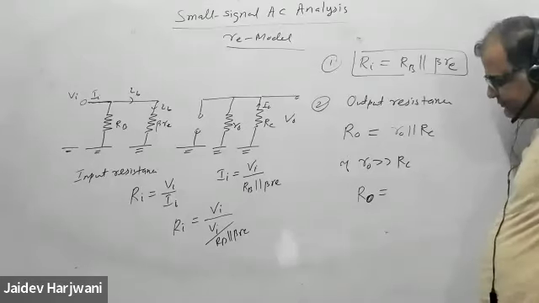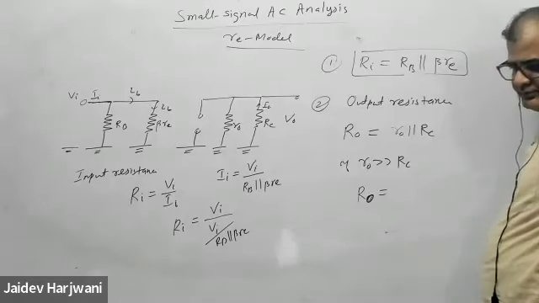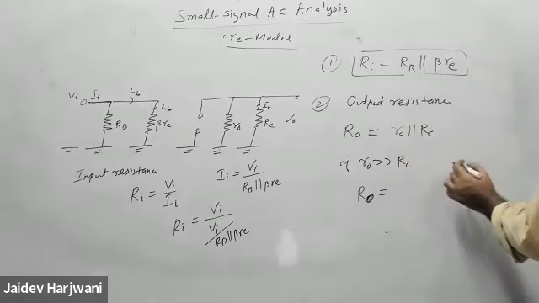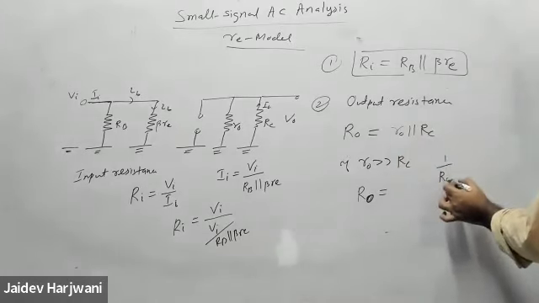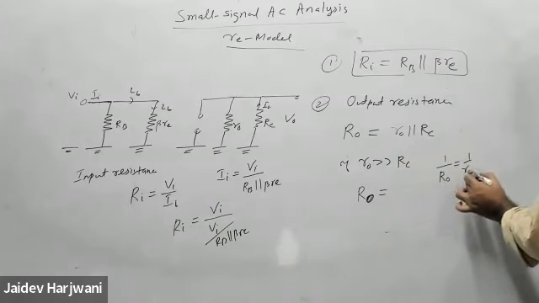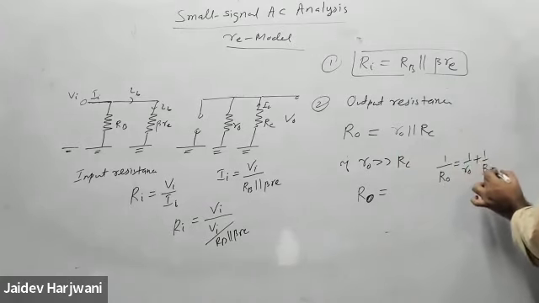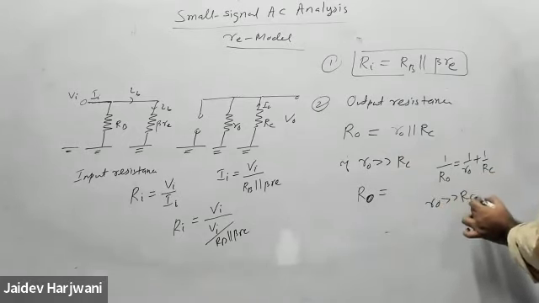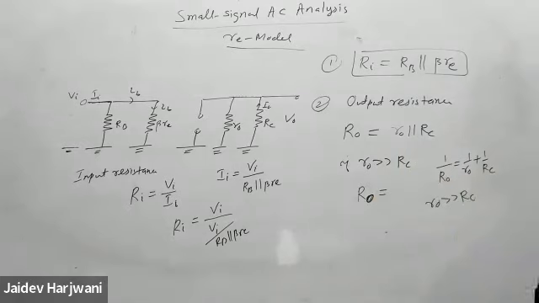Karishma? This is the combination of R0 and RC, so 1 upon R output is equal to 1 upon R0 plus 1 by RC. If R0 is greater than RC, then what is the value of R output?